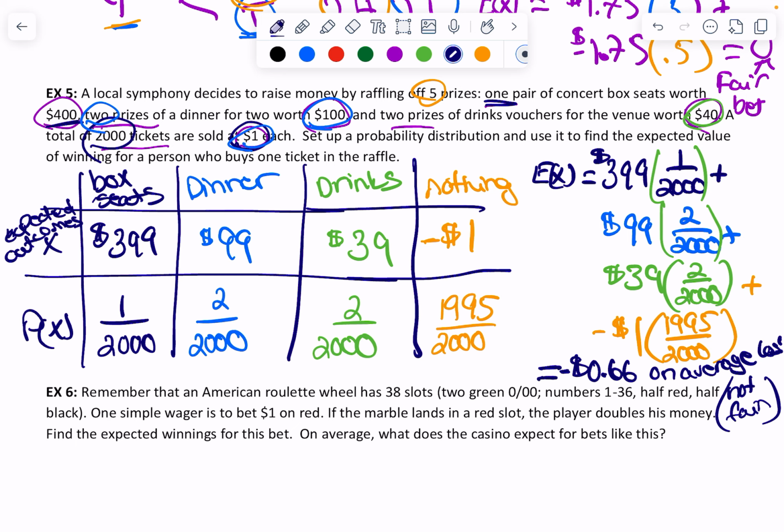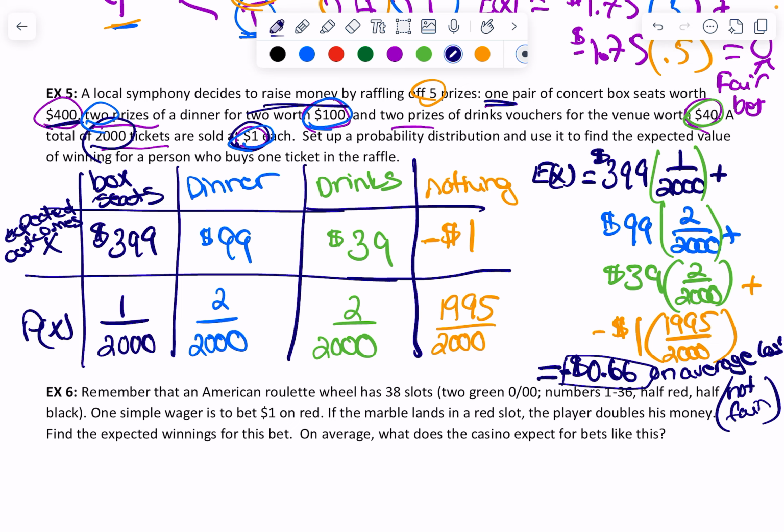But obviously, we're raising money, and that's how raffles work: there's going to be winners, but the majority on average are going to be losing the money. But obviously it's for a good cause. But that's how we can calculate what the expected value is. Since it is a negative, it is a loss.